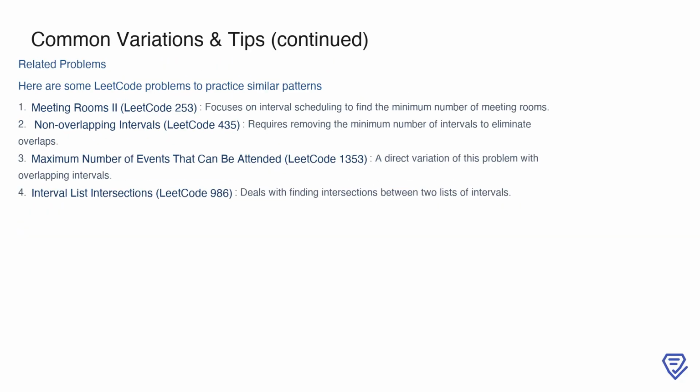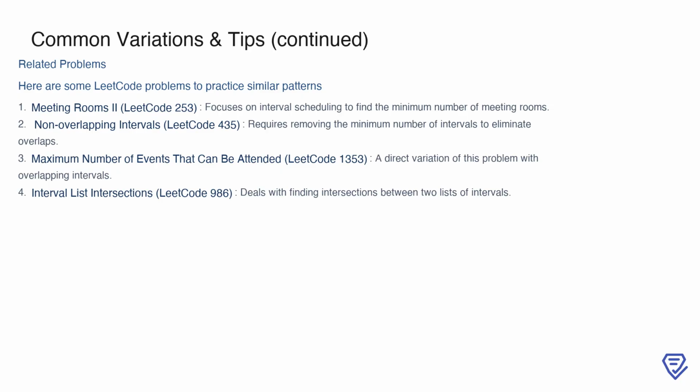To further strengthen your understanding of this problem, it's helpful to practice related problems that follow similar patterns. For example, Meeting Rooms 2 on LeetCode focuses on interval scheduling and determining the minimum number of meeting rooms required. Another problem, Non-overlapping Intervals, challenges you to remove the minimum number of intervals to eliminate overlaps.